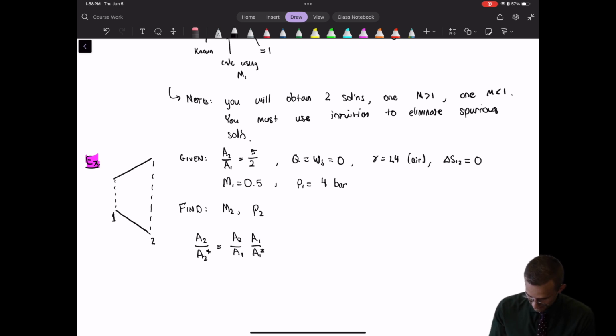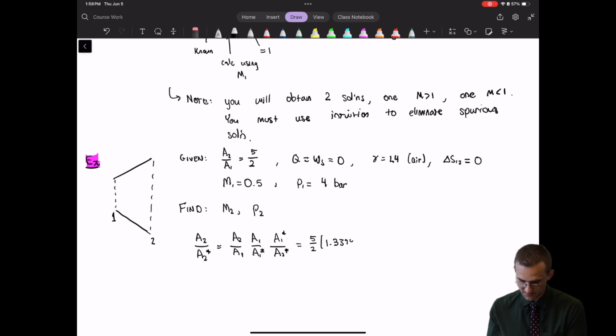Then we have A1 star over A2, and because delta S 1,2 is 0, that goes to 1. So those three things multiplied are 5 over 2 times 1.3398, a lookup value for M1 equals 0.5, times 1 because it's isentropic. What you end up with is 3.35.